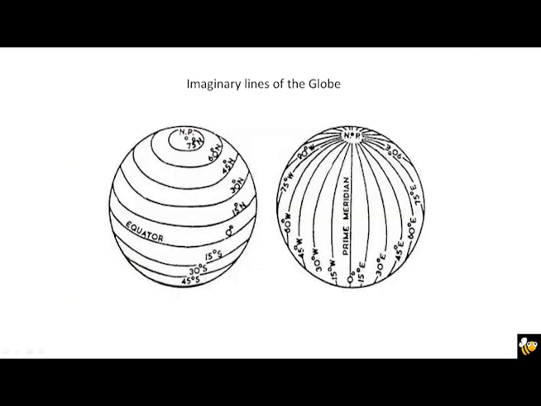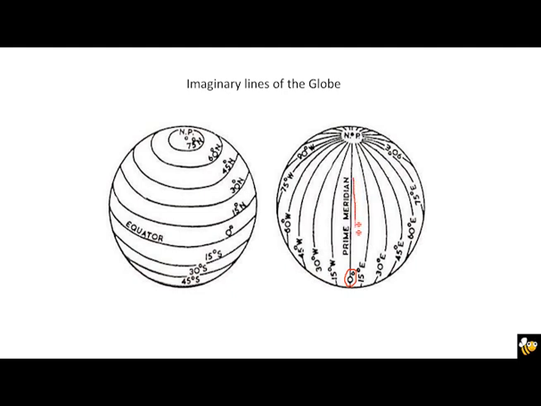So this is the picture regarding the differentiation between the longitudes and latitudes. Longitude is located here at 0 degree. Are you able to see that it is at 0 degree?